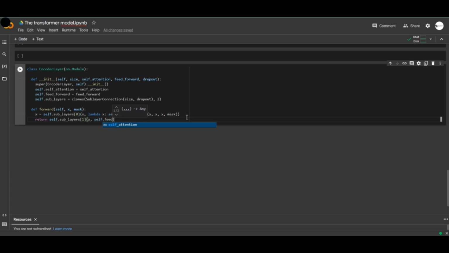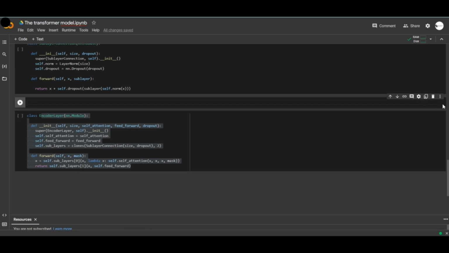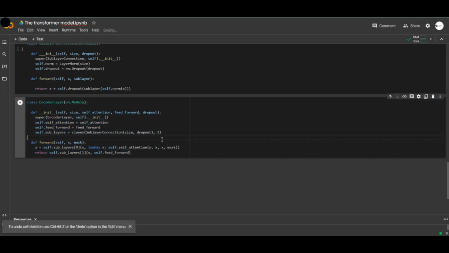That's what we apply, feed forward. Yes, it's 2, but in Python we start indexing at 0 and 1, so it's 2 sub layers, and that's what the encoder layer does. So now we've wrapped up the encoder portion. Let's go to the decoder.